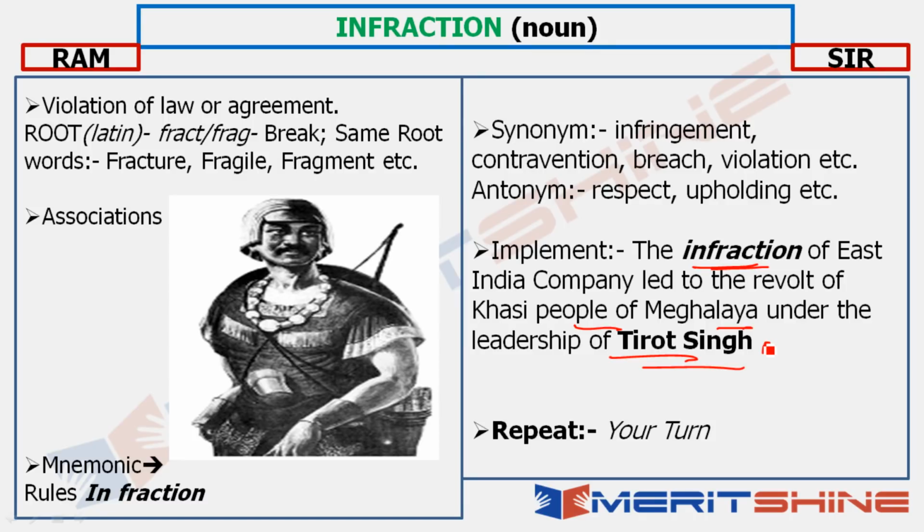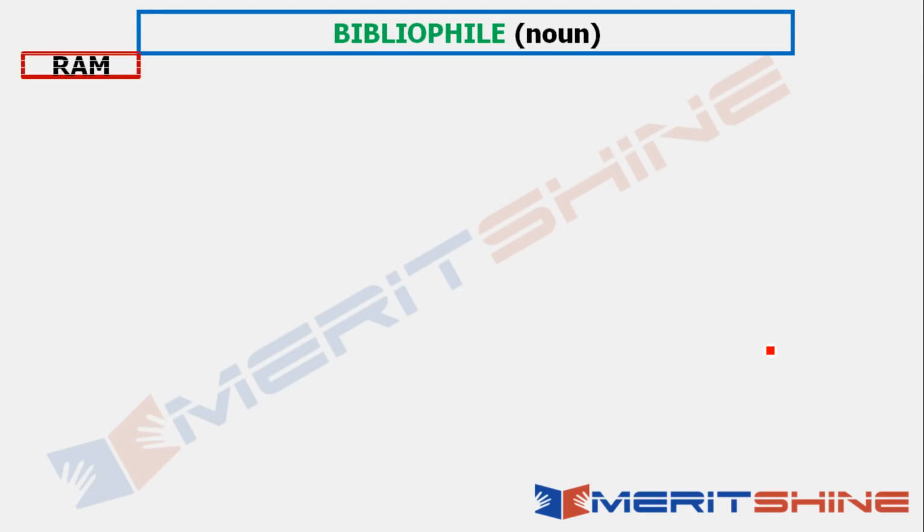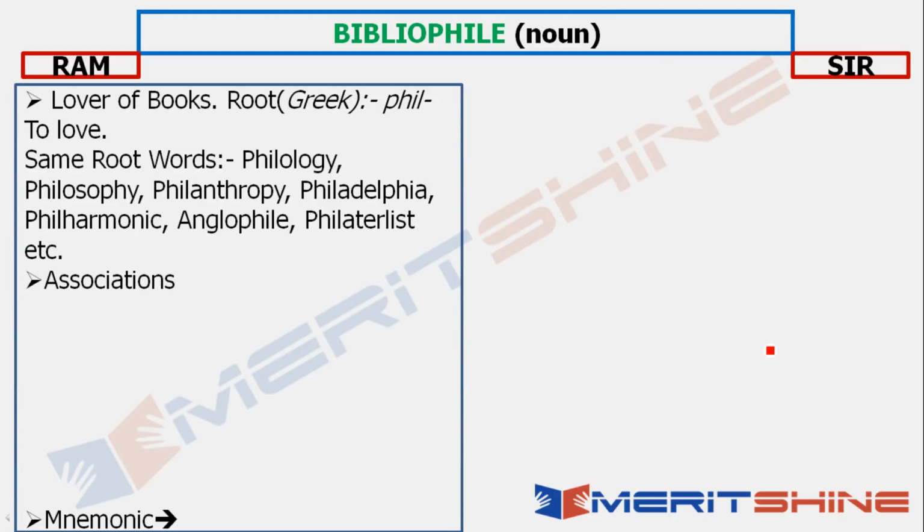Next word, and the next hero of today is Bibliophile. So, what do you mean by bibliophile? As you might have guessed, it means lover of books. And see, the root word here is the Greek word phil, which means to love.